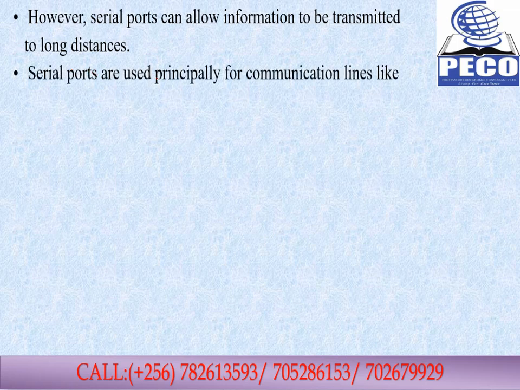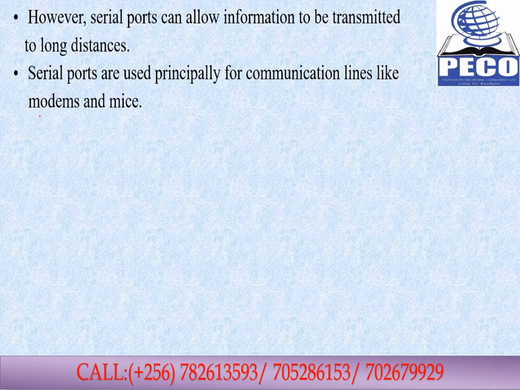However, serial ports can allow information to be transmitted over longer distances. Unlike parallel ports, which can only communicate within a short distance, serial ports can allow information to be transmitted over long distances. Serial ports are used principally for communication lines like modems and mice.